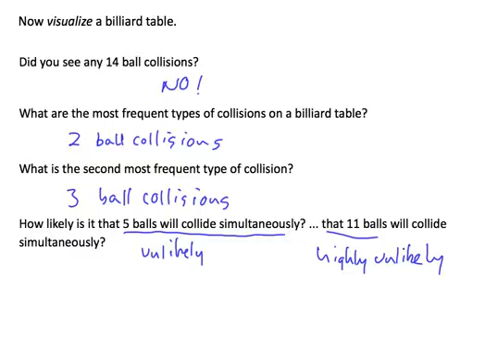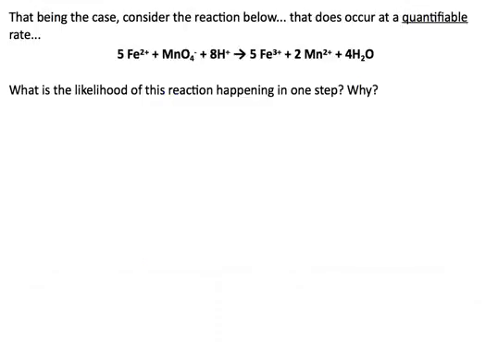It's something simpler, and that's really what mechanisms are all about. So case in point here is a reaction. 5 iron 2 ions react with 1 permanganate ion and 8 hydrogen ions. So what's the likelihood of this reaction occurring in one step or occurring as written?